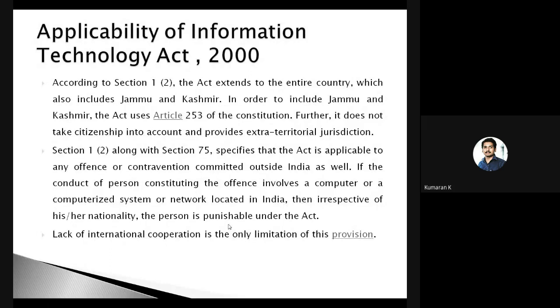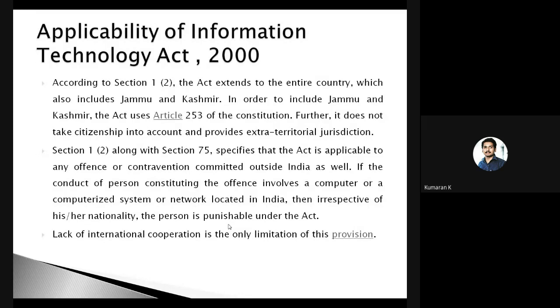The next is section 1 of 2 along with section 75. It can be specified. So this IT Act is applicable to any offense or any contravention. Contravention here refers to some opposition, some penalty, or any other crimes committed outside India as well.